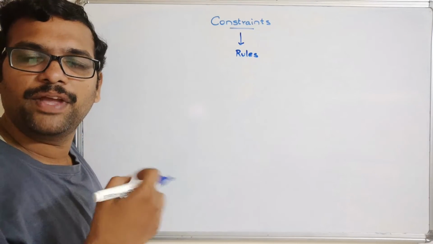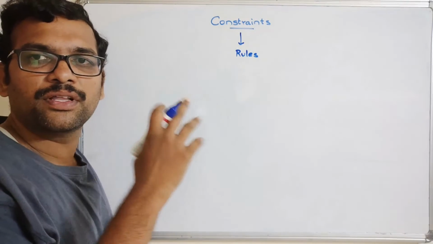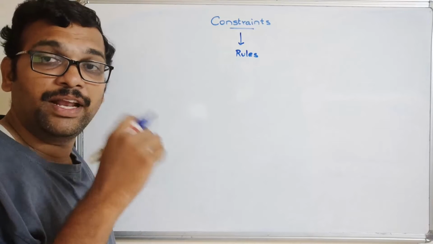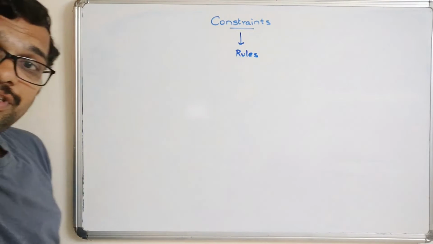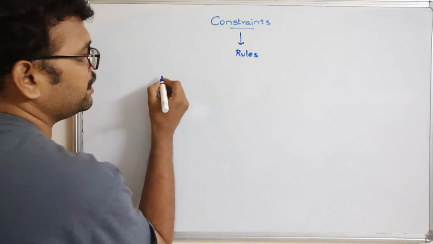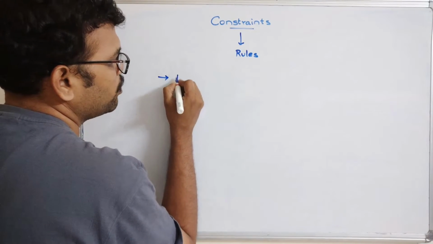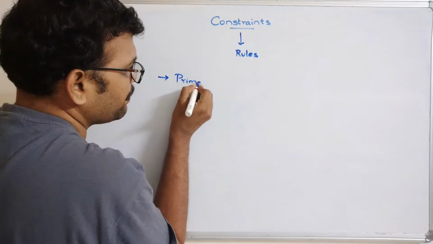While creating a table we have to give some rules for the attributes while inserting the data, while accepting the data. So what are those constraints? The common constraints. So let us discuss the primary key. What is a primary key?